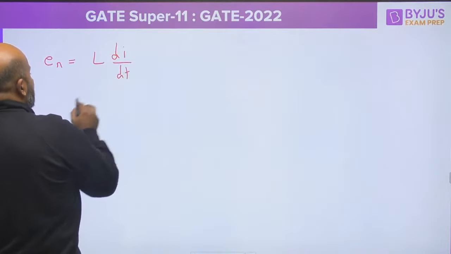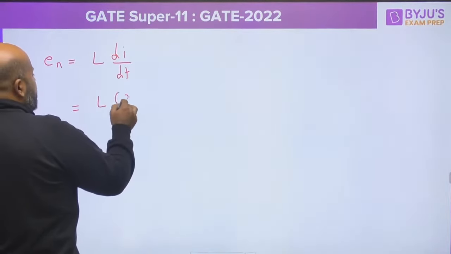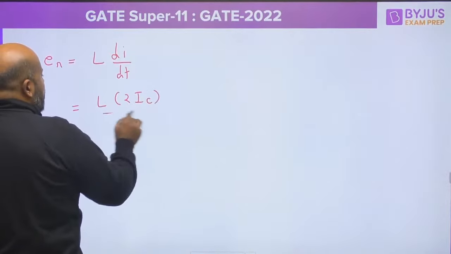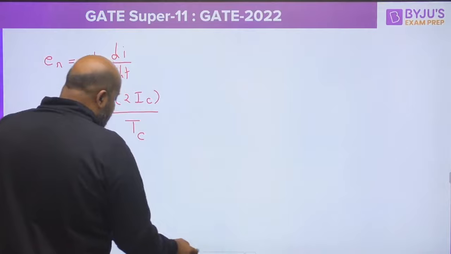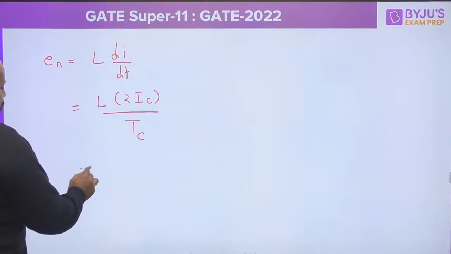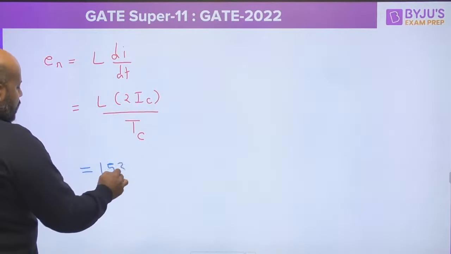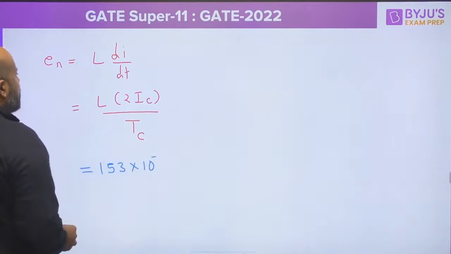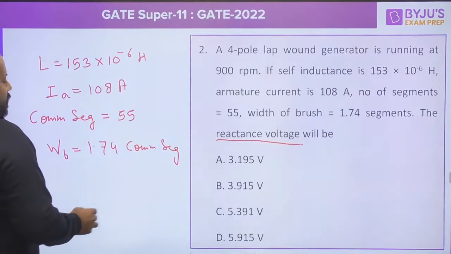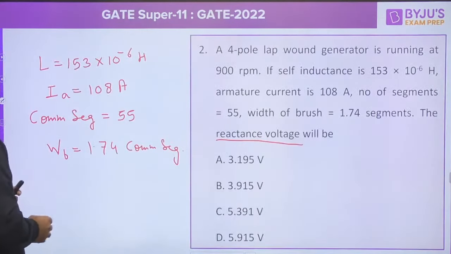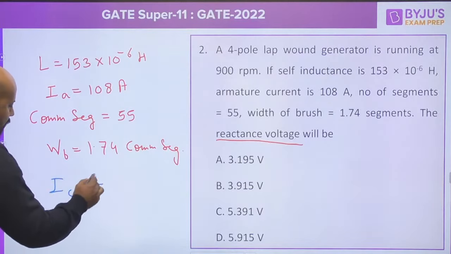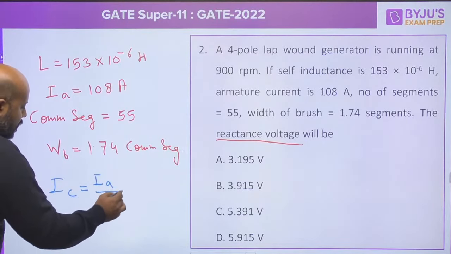which you can write as L into 2IC upon the commutation period. So he has given you the self inductance, 153 into 10 to the power minus 6. The current in each parallel path is going to be the armature current divided by the number of parallel paths.